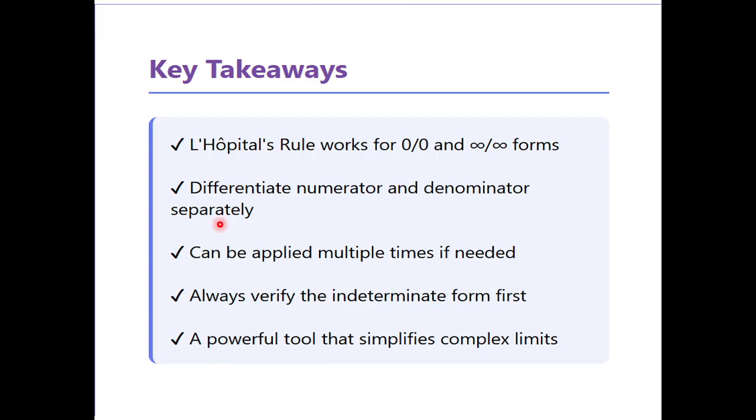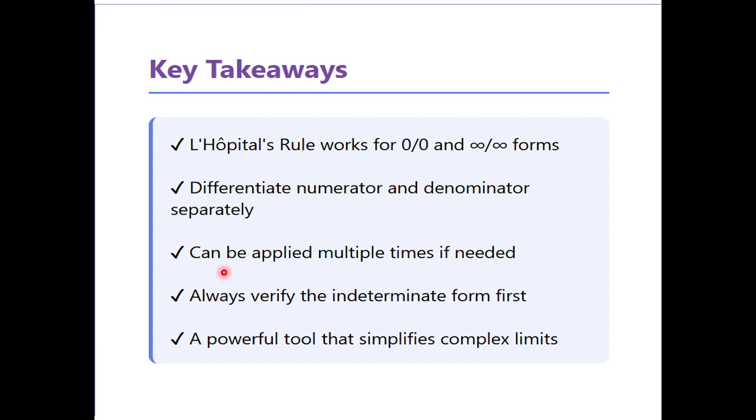Now, the key takeaways. L'Hopital rule works only for 0 over 0 and infinity over infinity form. In case of quotient form, we should take the numerator and denominator derivatives separately. But if we are dealing with the product form, then we apply the product rule, which is first expression as such and derivative of second expression, plus second expression as such and derivative of first expression.